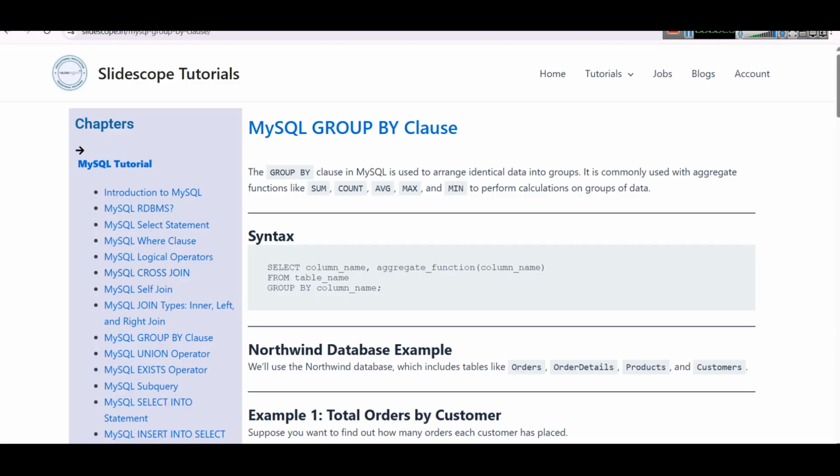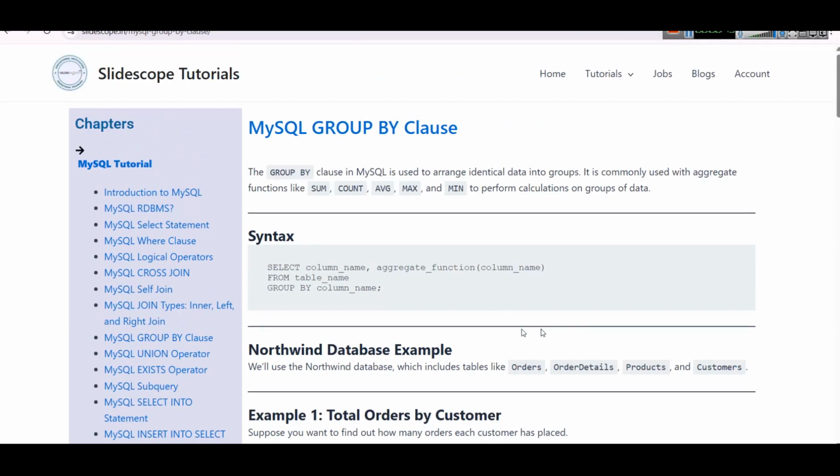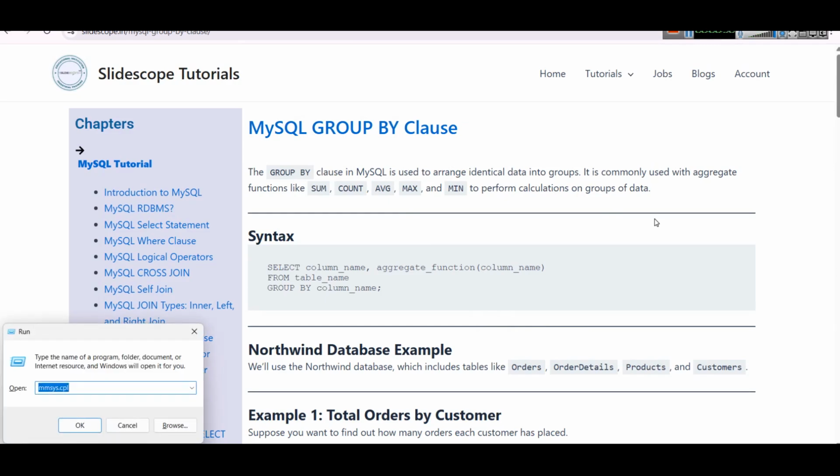We understood that in group by, sum, count, average, max, etc. are the aggregate functions that we will use along with the group by clause. Now, this topic will combine these two chapters, group by and join.